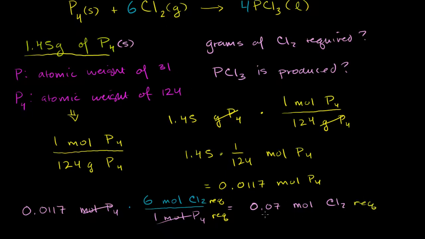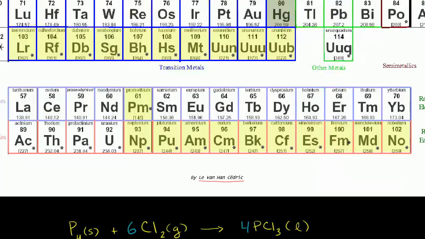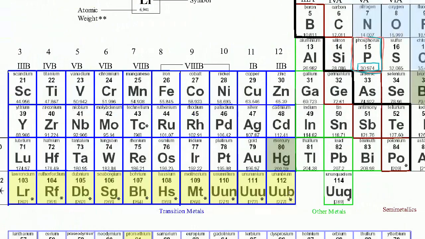So we're almost there. We figured out that 0.07 moles of chlorine gas are required. But what we want to find out is how many grams of chlorine gas are required. So we just have to figure out how many grams there are per mole. So let's figure that out. Let's look at chlorine. Chlorine is off here to the right.